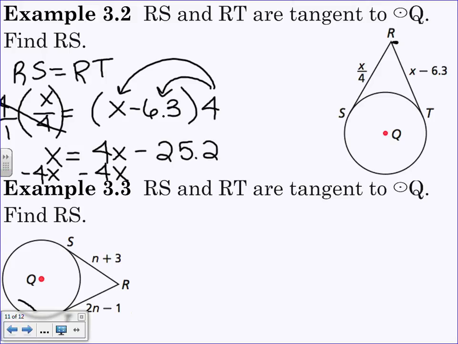This sign goes with this number, so this is actually positive 4x. Okay, so we get negative 3x equals negative 25.2. Keaton, what am I going to do now?